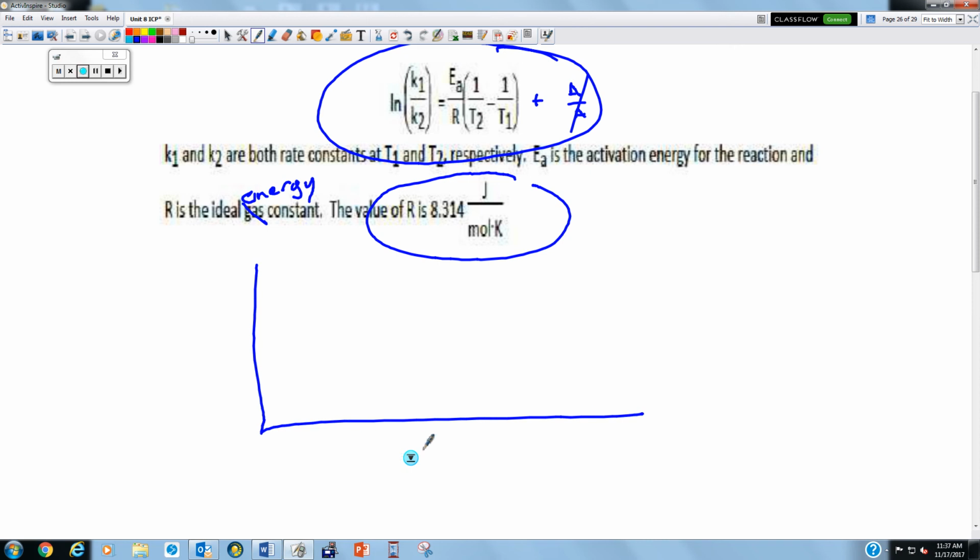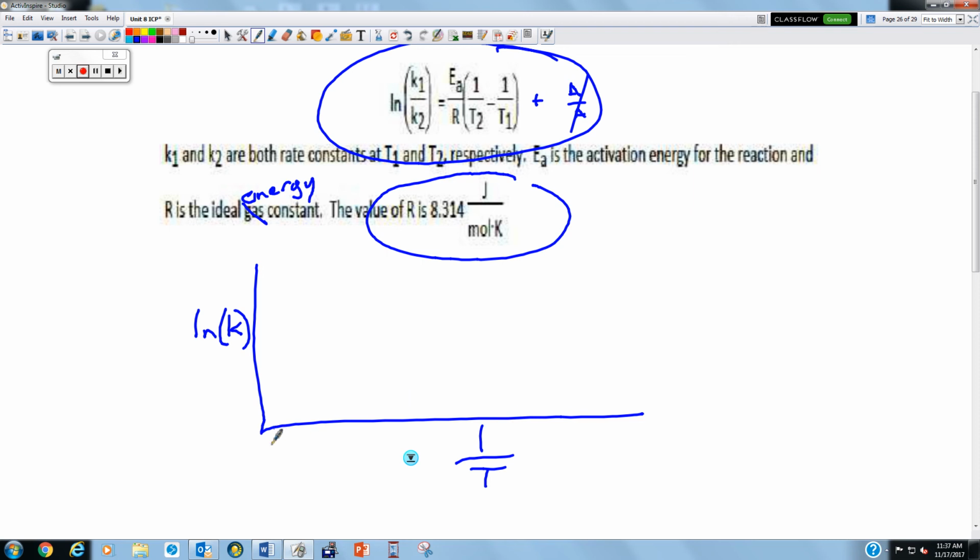On the x-axis you would have 1 over T, and on the y-axis you would have ln of k, written like that so we can tell it's not ink.